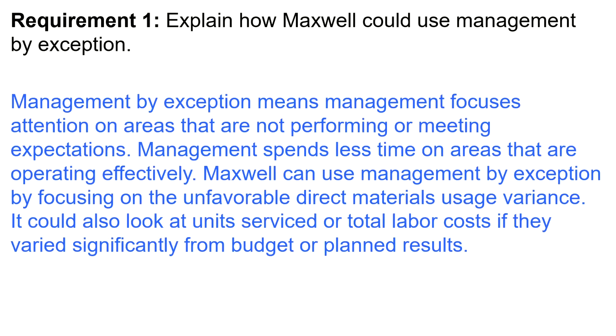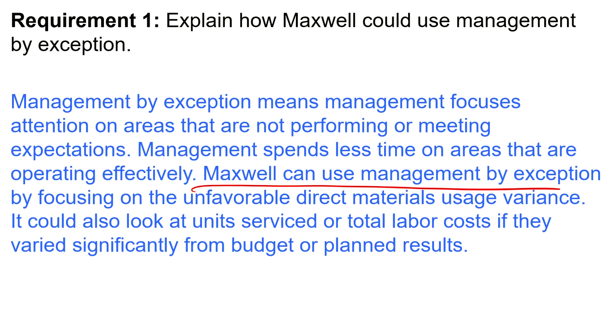Well, management by exception means management focuses attention on areas that are not performing or meeting expectations. Management spends less time on areas that are operating effectively. Maxwell can use management by exception. Right there, a nice phrase. It just answers the question. Maxwell can use management by exception by focusing on the unfavorable direct materials usage variance.